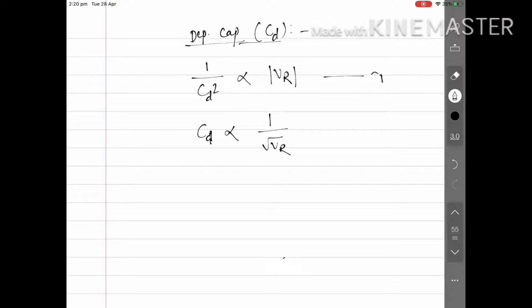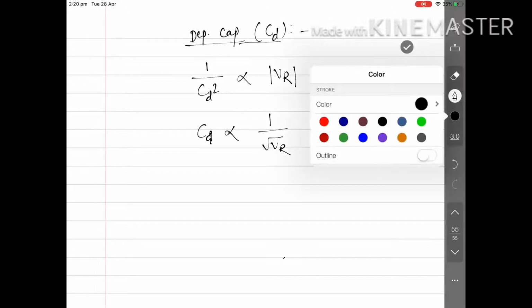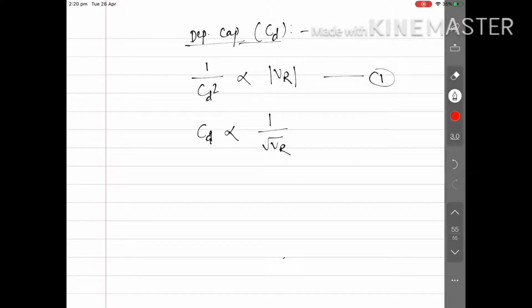So from equation 1, we can clearly see that once we increase the reverse bias voltage, the depletion capacitance decreases because it is in an inversely proportional relationship, right? So this is what is given in option B. As we increase the reverse bias, the depletion capacitance decreases.